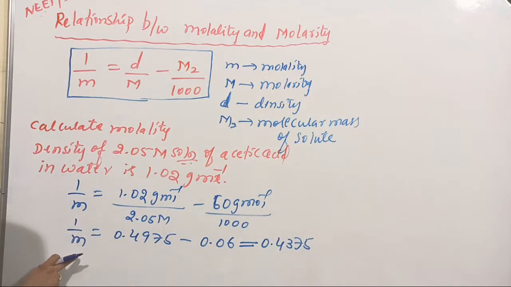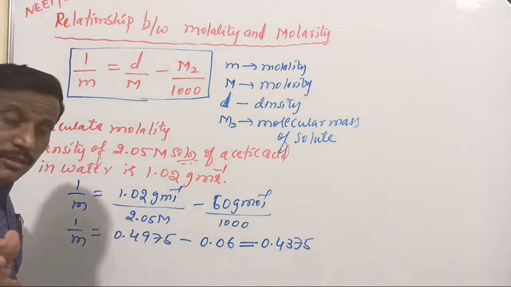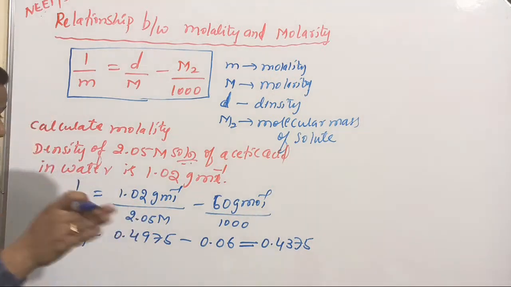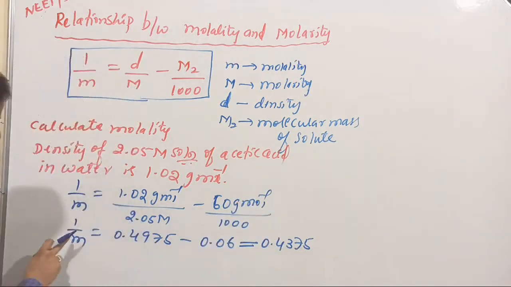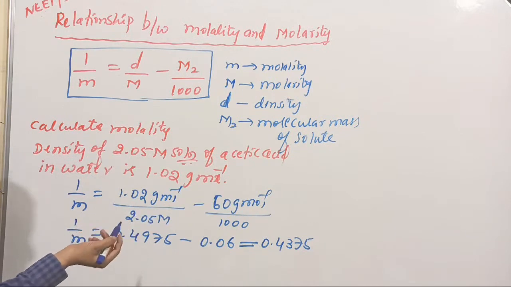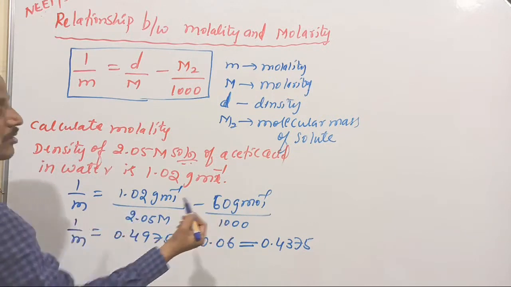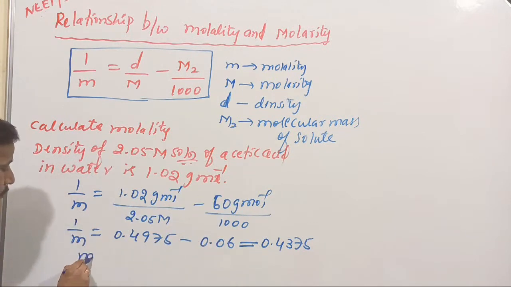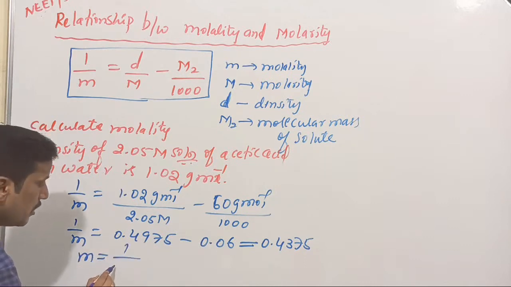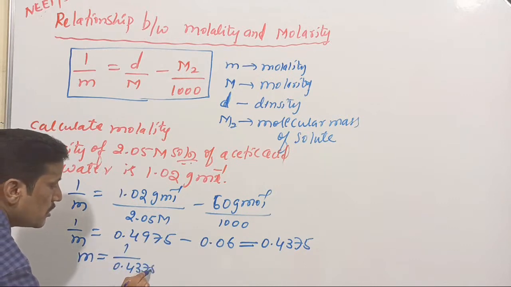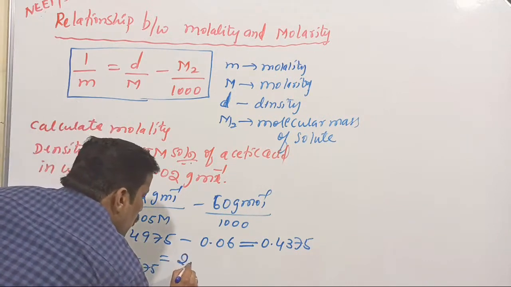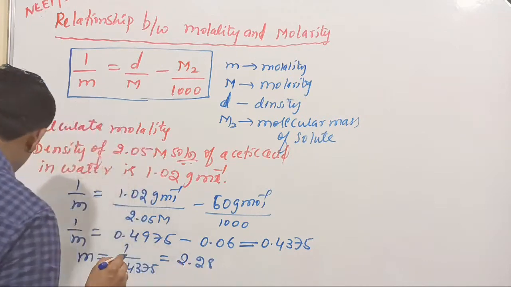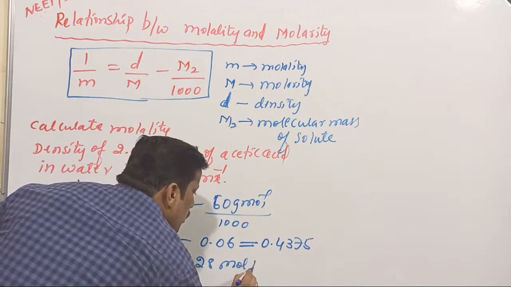See this, it is 1 by m. In the multiple choice question, they will give 0.4375 as one of the options because chances are there for confusion. That is the value of 1 by m, but you have to go for the m value, that is 1 by 0.4375, which gives 2.28 mole per kg.